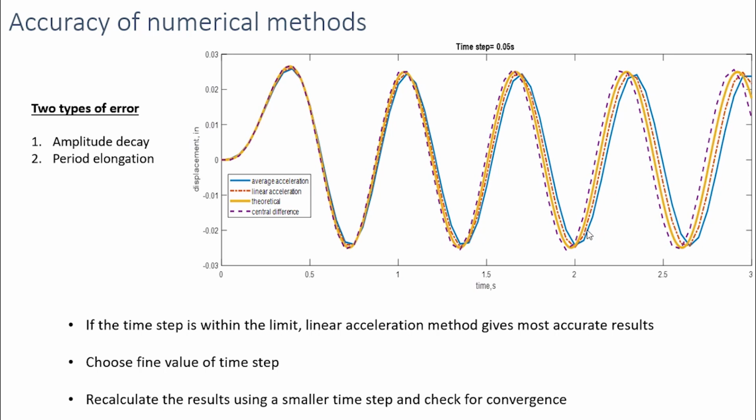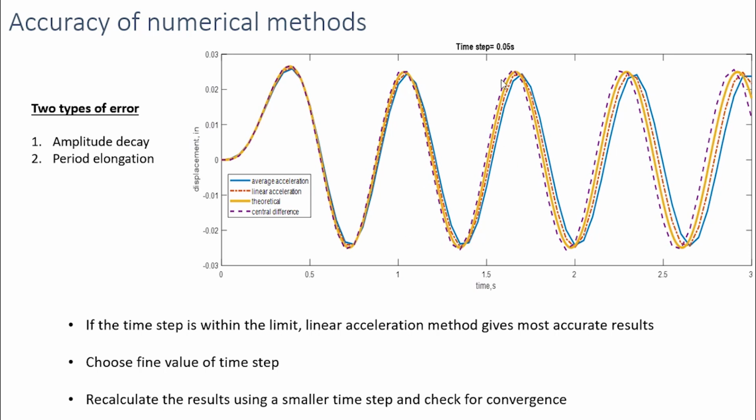In effect, this numerical response will have some kind of numerical damping. The effect due to the numerical approximation is the same as having some type of damping. The amplitude gets decayed and the period gets elongated.